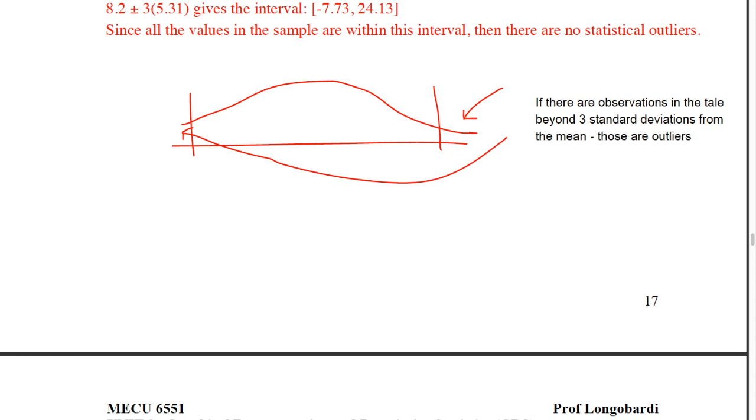Okay, we call those statistical outliers, to distinguish it from just extreme values. We actually have a rule for our outliers.